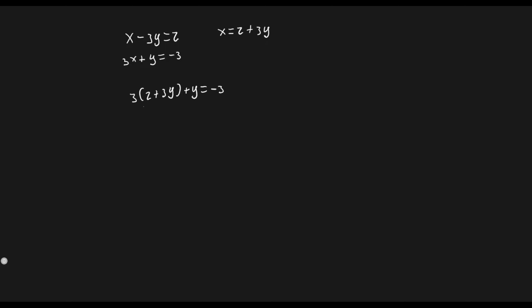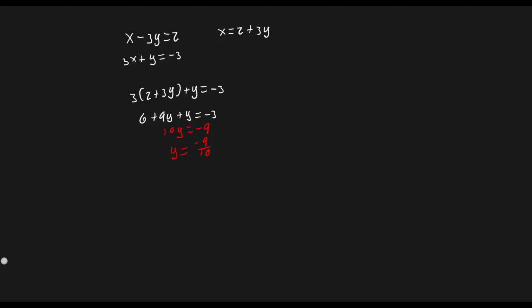So we multiply, and we get 6 plus 9y plus y is equal to negative 3. And now we're going to group like terms, where we get 10y is equal to, subtracting 6 from both sides, negative 9. So y is equal to negative 9 over 10.